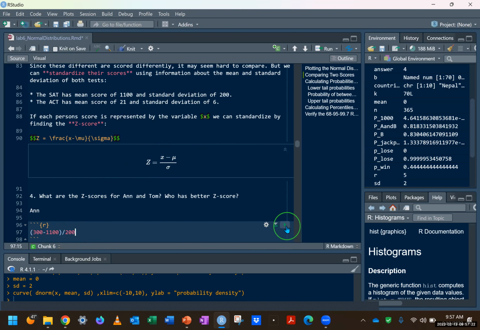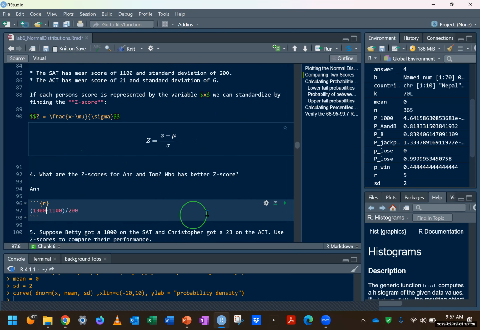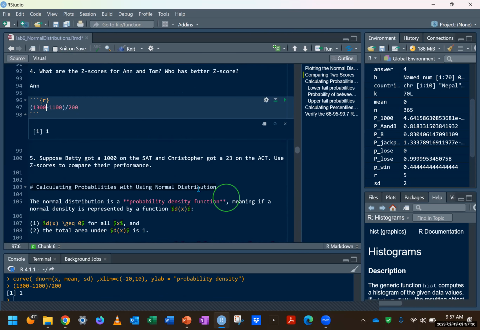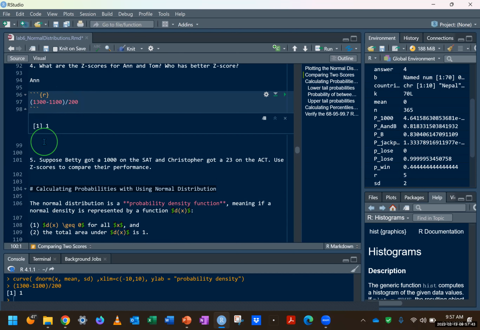So that's her standardized z-score. She got a standard score of 1, which means she did 1 standard deviation better than the average person, whatever that means. We'll look at that more in context later.